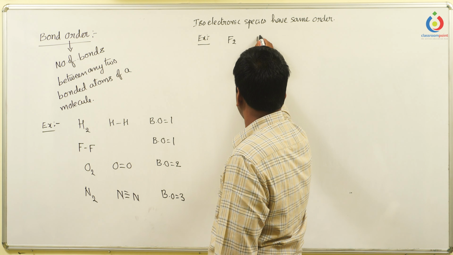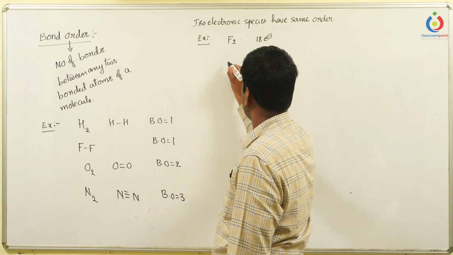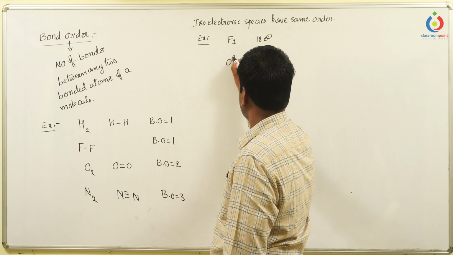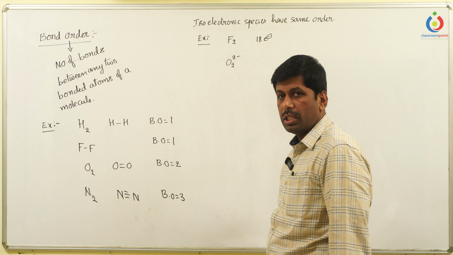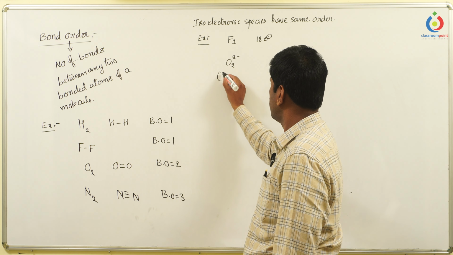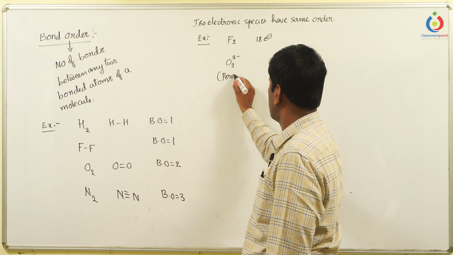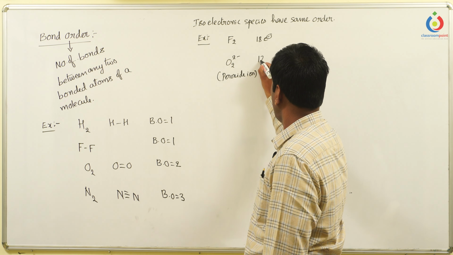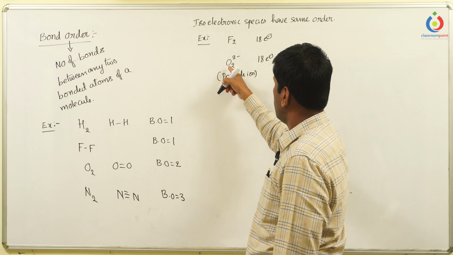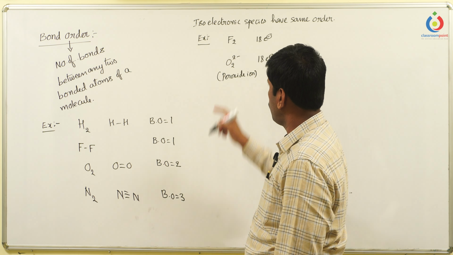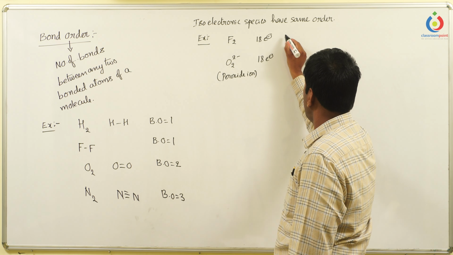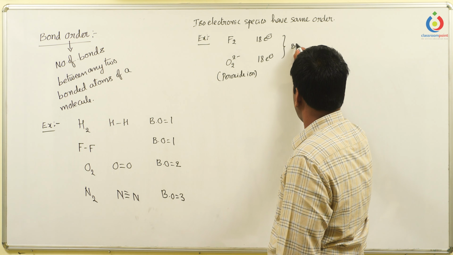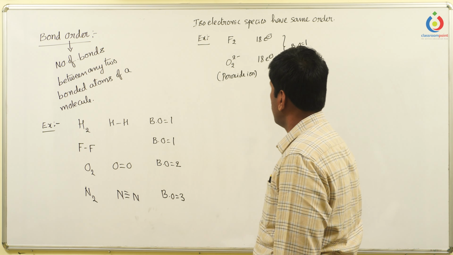It has 18 electrons in total, and the O2 2- ion, that is the peroxide ion, also has 18 electrons: 8 plus 8 is 16, plus 2 extra electrons, 18 electrons. So in both of these cases, bond order is equal to 1.